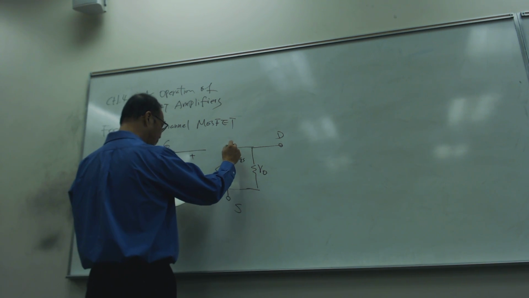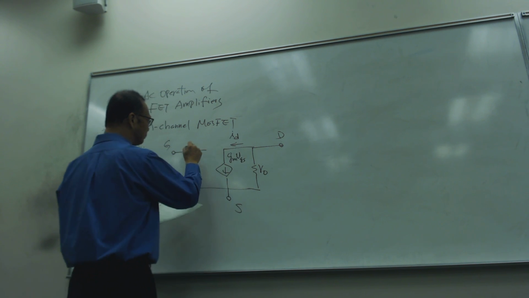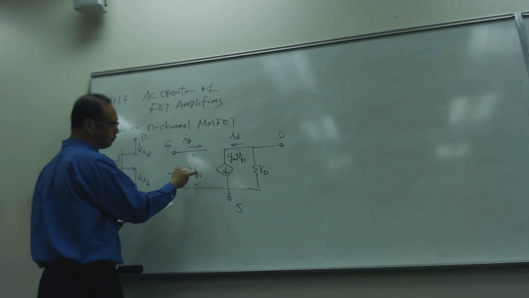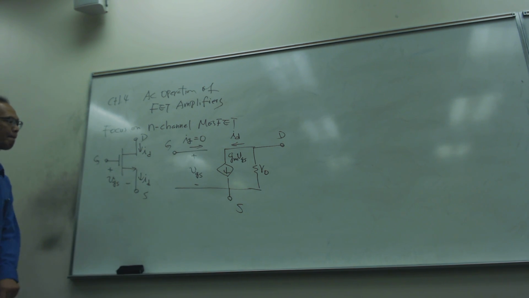So this is i_d, this is i_g. According to the model, i_g is supposed to be 0, right? It's open.